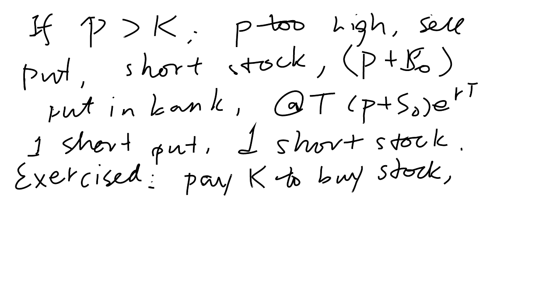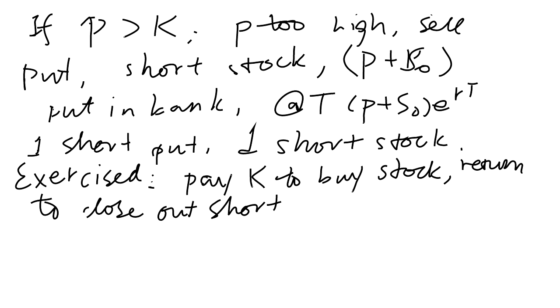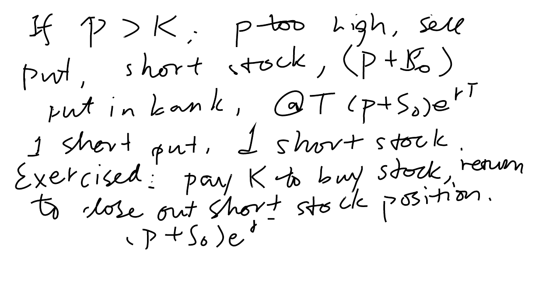And after you bought that stock, you can return the stock to close out the short position. So at that time, what do you have? Well, you have P plus S0 exponential of RT minus the strike.